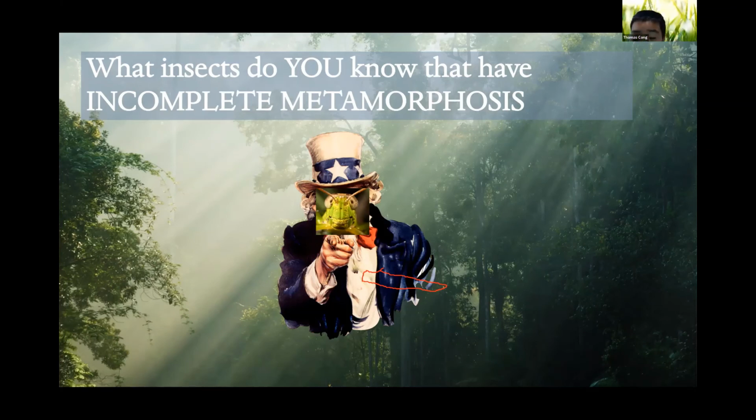And then grasshopper, exactly. Grasshopper is a type of insect that is very close to cricket, but they still have some differences. And you can search them up on the internet. And termite. Yeah, wait.